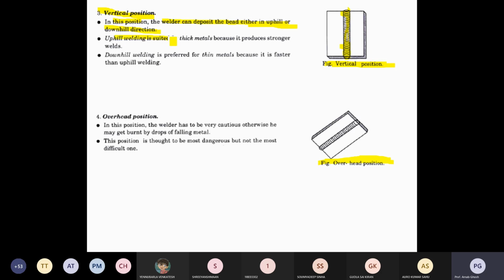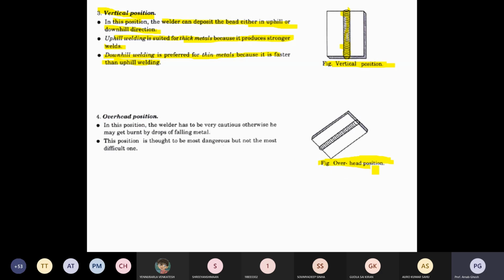Uphill welding is suited for thicker metal because it produces a stronger weld. You have to start from the uphill position, otherwise the welding will not be good. Downhill welding is preferred for thin metal because it is faster than uphill welding. I think all of you will understand.